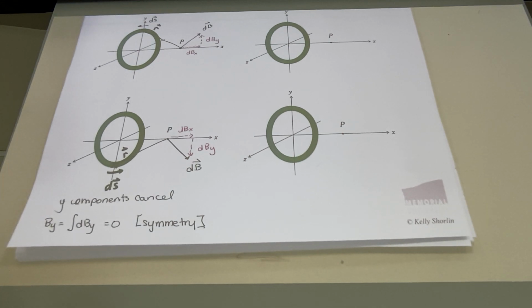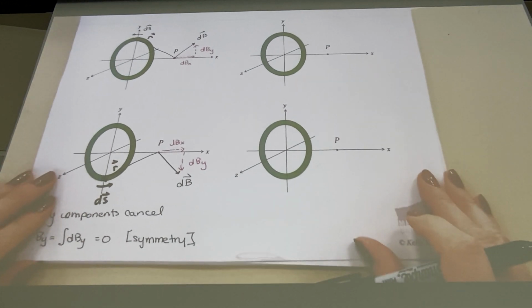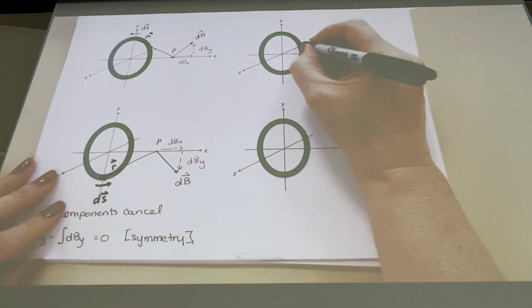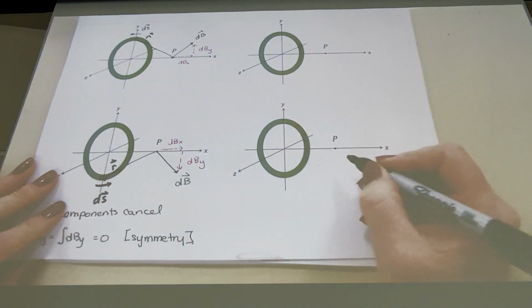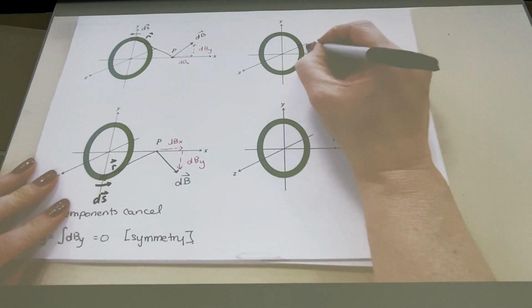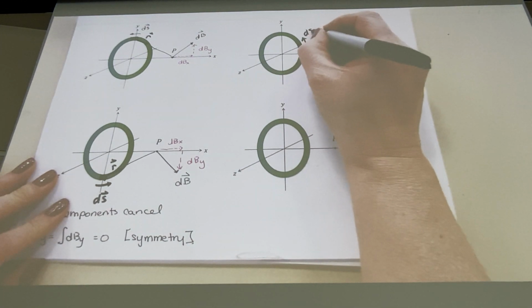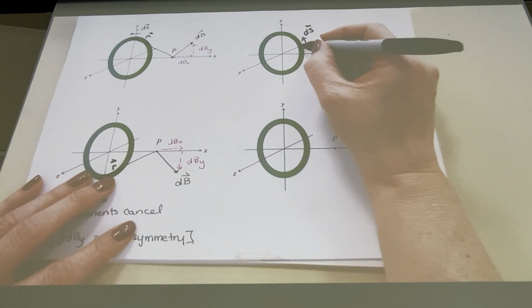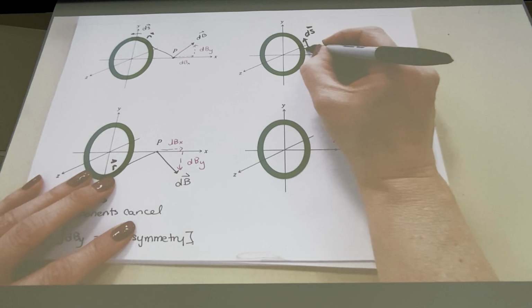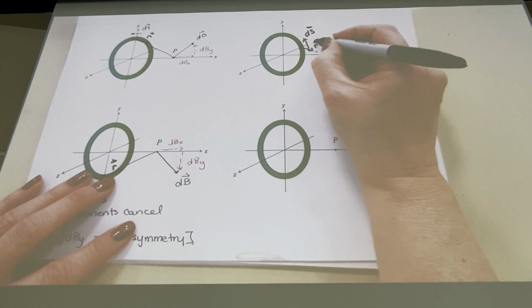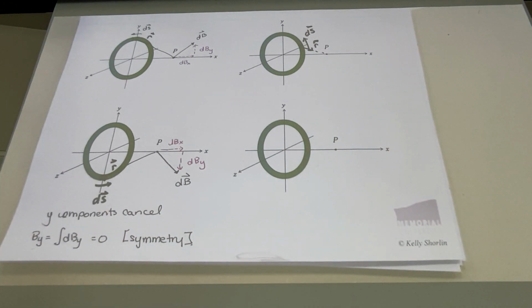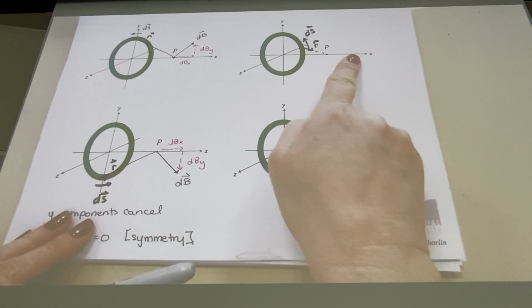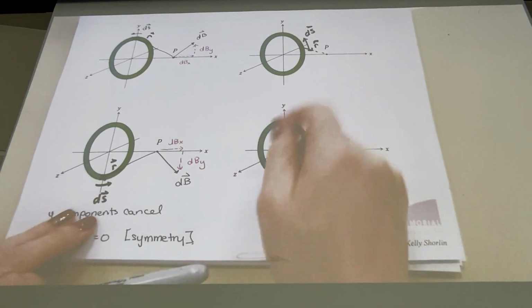Okay, so now let's do the z components because they matter as well. Z is definitely harder to draw, but I'll give it my best shot. So I'll take a little bit of my ds over here. ds comes up this way. My r hat comes from my ds towards my point. So there's r. There's r hat. The direction of this magnetic field is a little bit in x and a little bit in negative z.